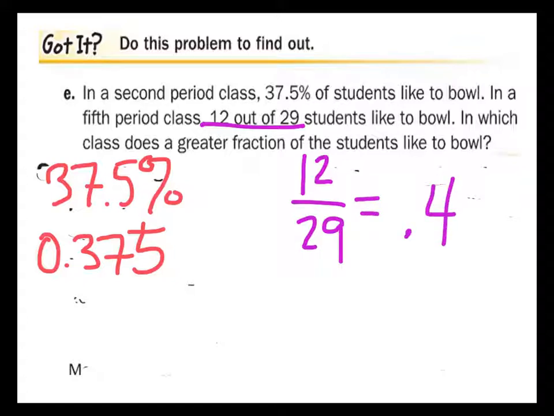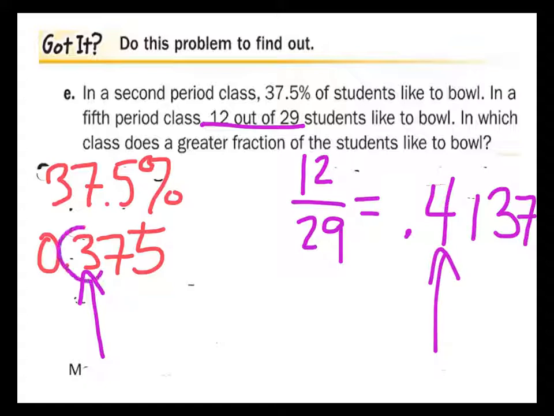Let me do it. 0.4137. Notice in this one we do need to compare the tenths position, and since this one is smaller than this, bam.